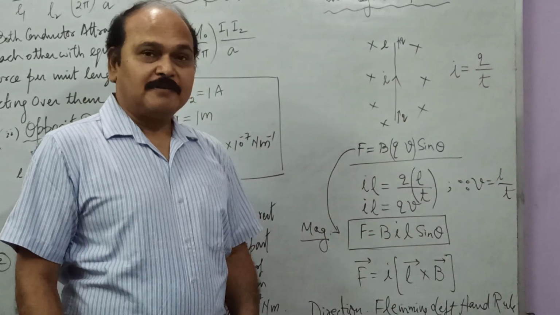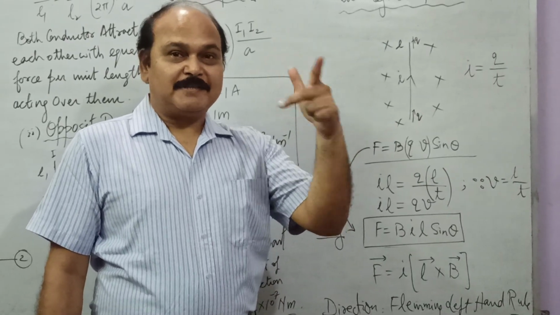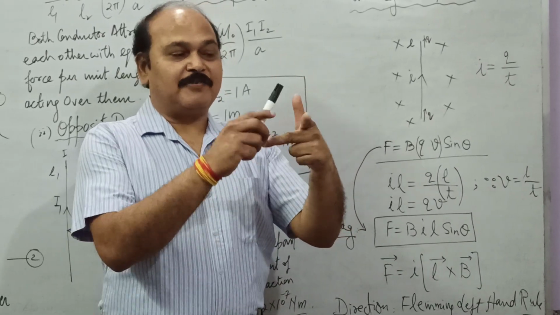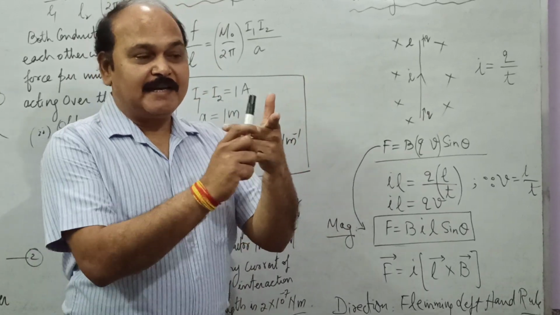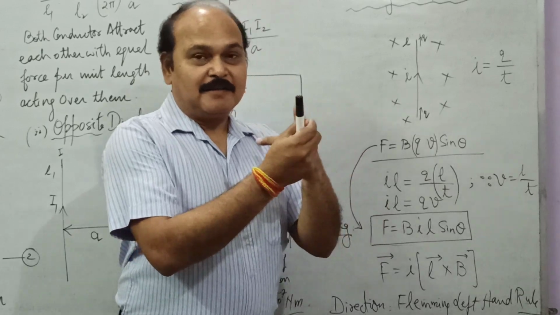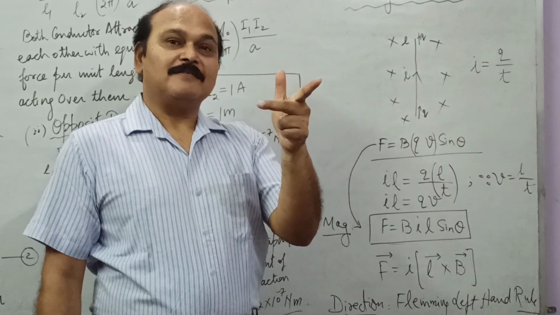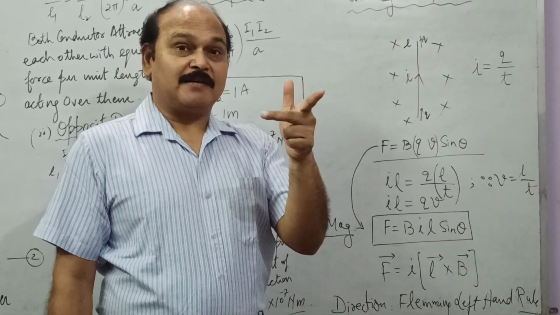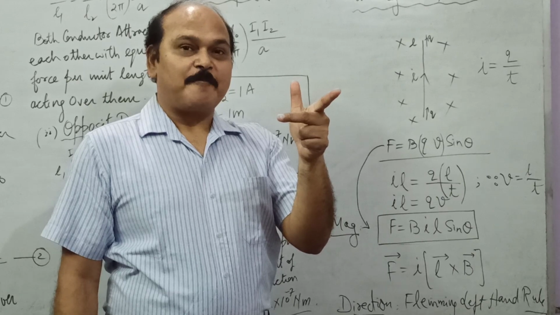Direction of this force is given by the usual Fleming's left hand rule. This is the mother, father, child rule, which says that if this index finger is along magnetic field, this tallest finger is along current, then this thumb is going to represent the direction of force.